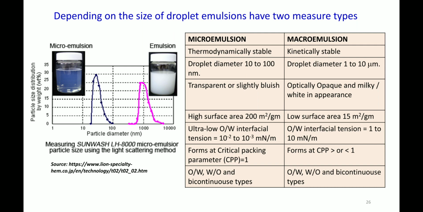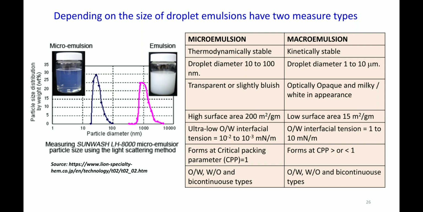Because the size of the micelles is in the range of 10 to 100 nanometer, the micro emulsion is transparent or slightly bluish. This situation is shown in the image on the left hand side.